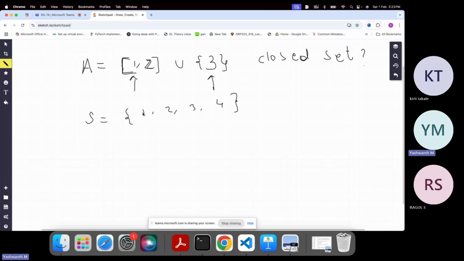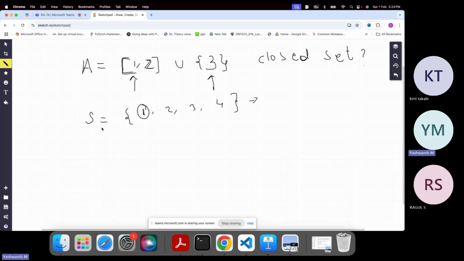If you take a point 1 here, you can always draw a small ball around 1 and it will not intersect the set S, right? So 1 is not a limit point, it's an isolated point. Similarly for 2, you can draw a ball and call it an isolated point. So all these are isolated points.